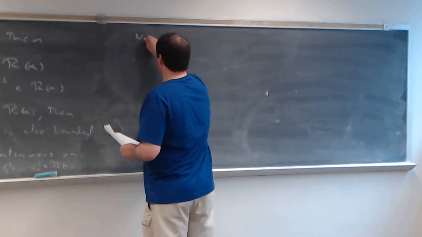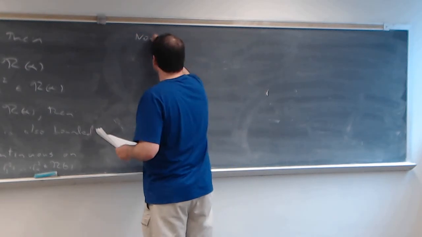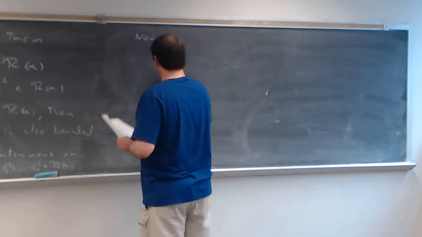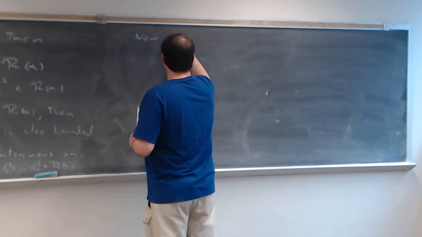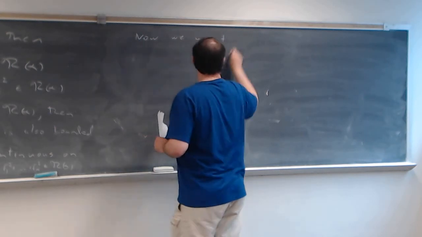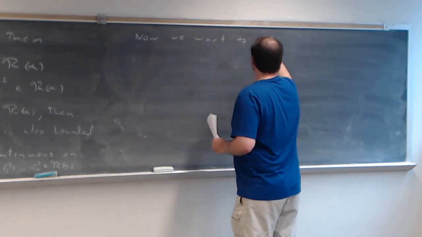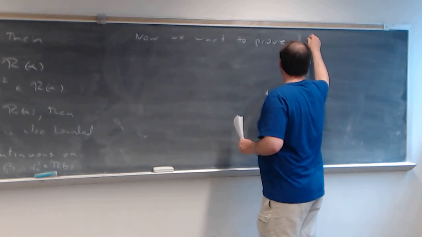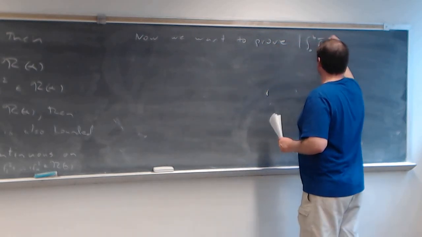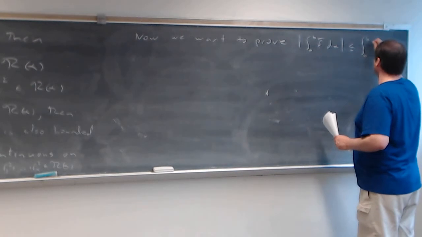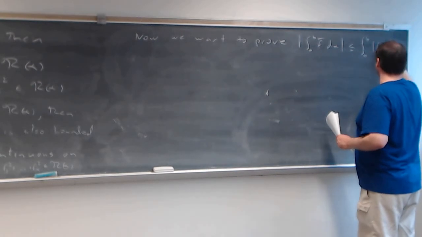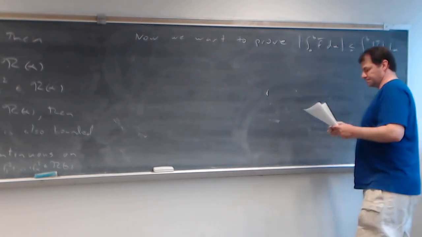Okay, now we want to prove that the absolute value of the integral from A to B of f bar d alpha is less than or equal to the integral from A to B of the norm of f bar d alpha.